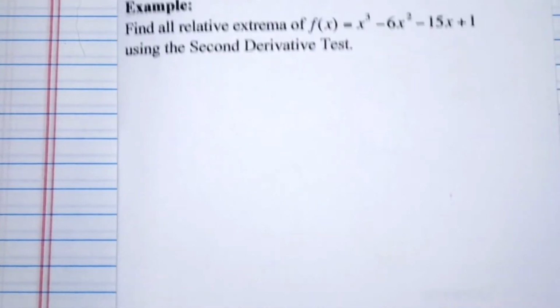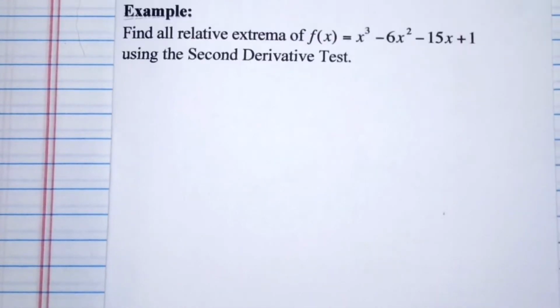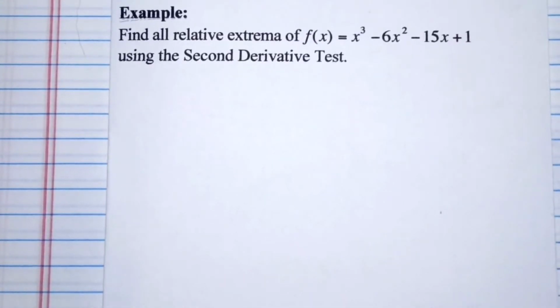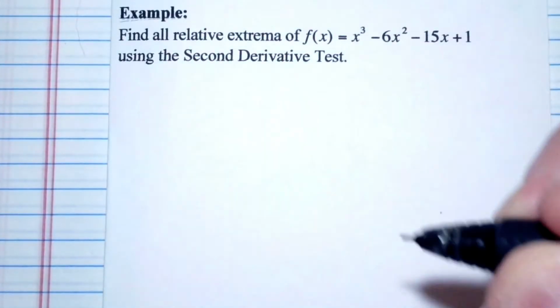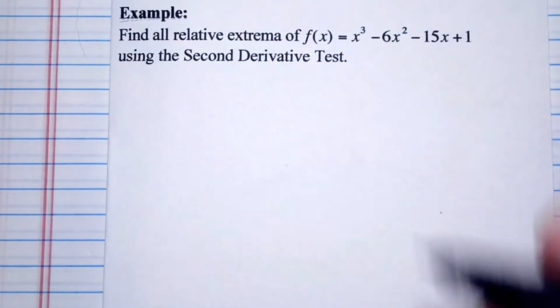So let's look at an example. Let f of x be x cubed minus 6x squared minus 15x plus 1. Find all relative extrema using the second derivative test. So what do we do? First we find all the places where the derivative is 0.